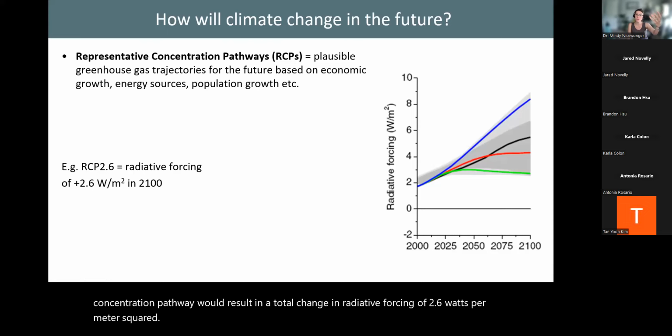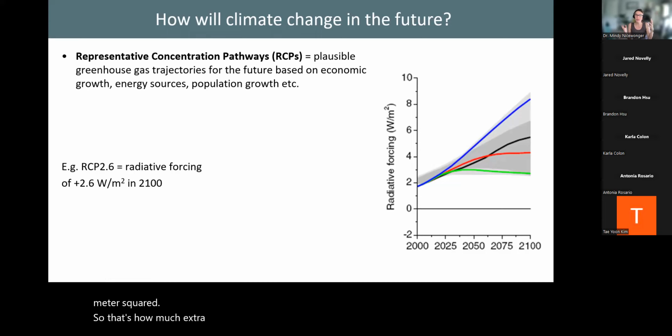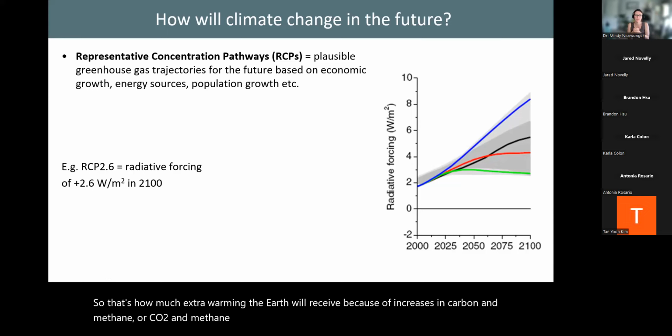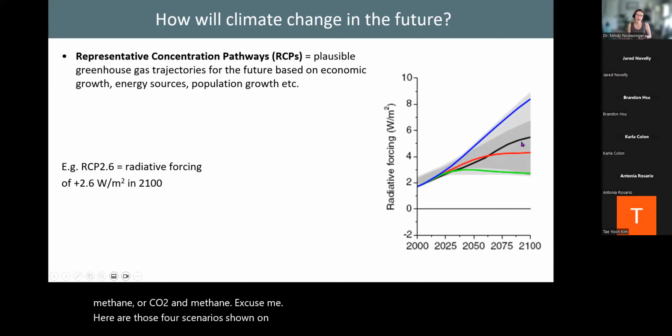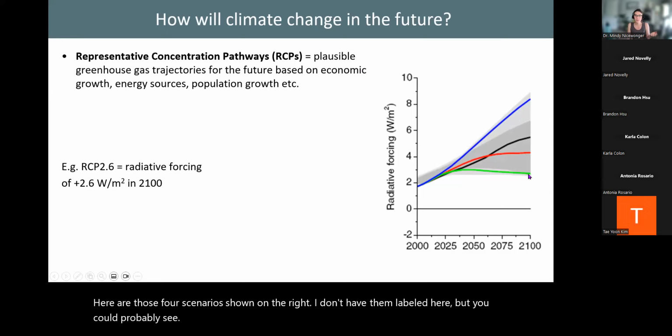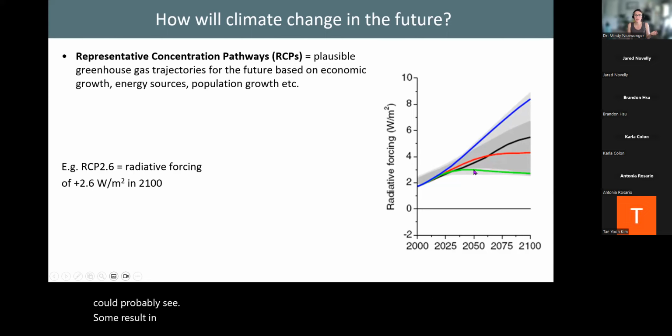Okay, so that's how much extra warming the Earth will receive because of increases in carbon and methane, or CO2 and methane, excuse me. Here are those 4 scenarios shown on the right. I don't have them labeled here, but you could probably see some result in radiative forcing starting to go down, and one is basically continuing without stopping.